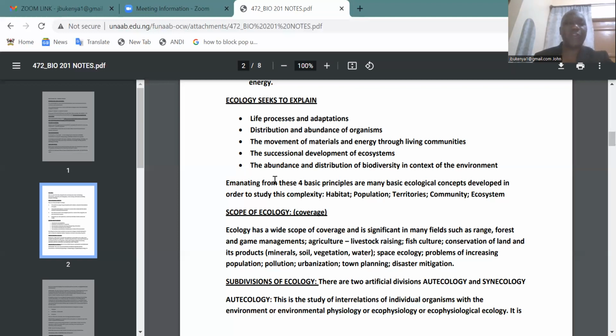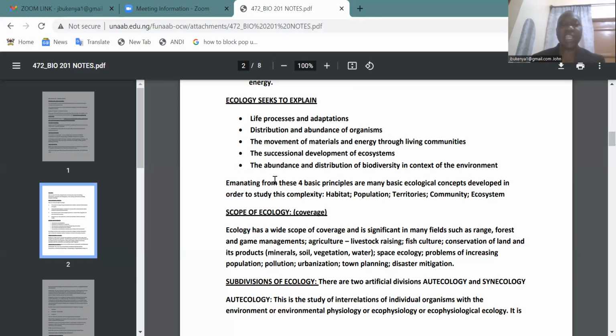And if the succession starts from an area that has never been previously colonized, then that one is called primary succession. But if the succession developmental stages start from a previously colonized area, maybe it could be a burnt forest or a burnt grassland or a farmland or an agro ecosystem, then that one is a secondary succession.